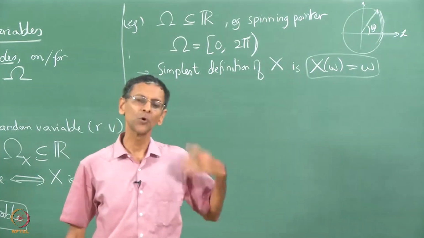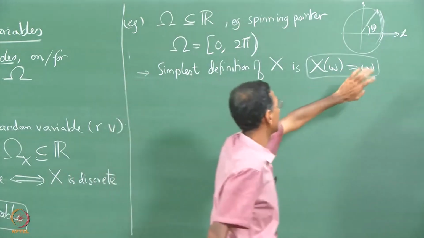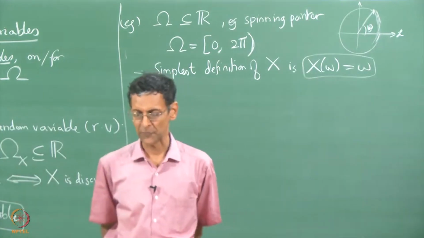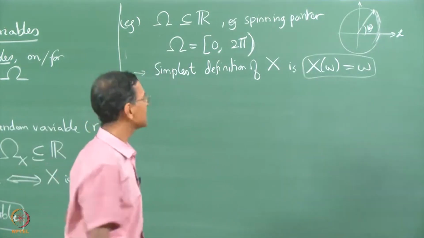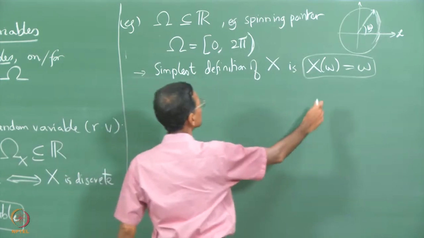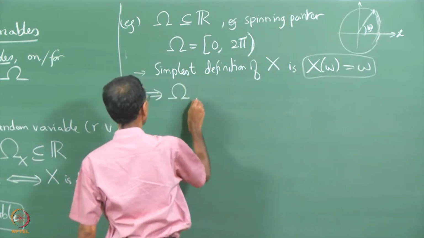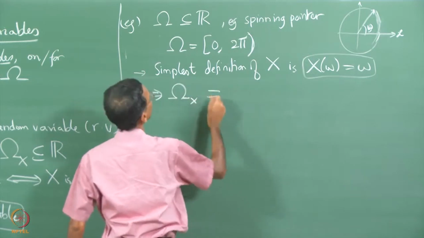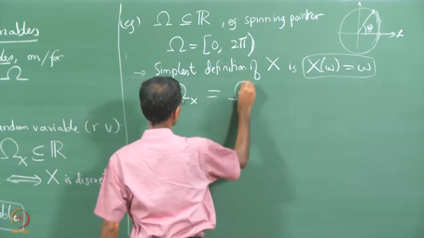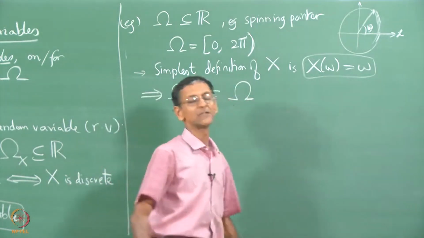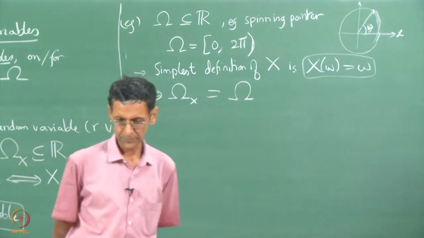So, there is no processing of that angle; the angle is directly assigned to the value of the random variable. So, whenever you take x of omega equal to omega, then automatically the set of values taken by x is equal to the sample space itself, which is obviously uncountable whenever you are talking of any interval of the real line.